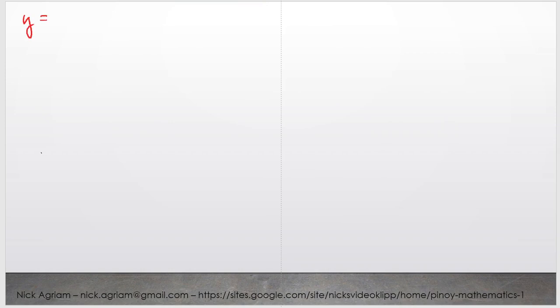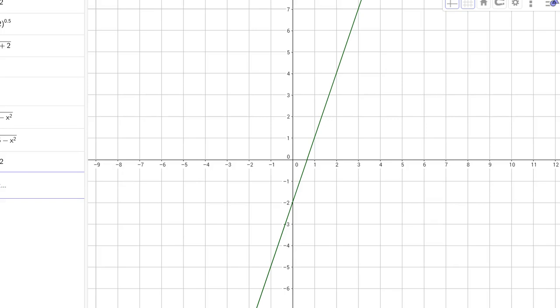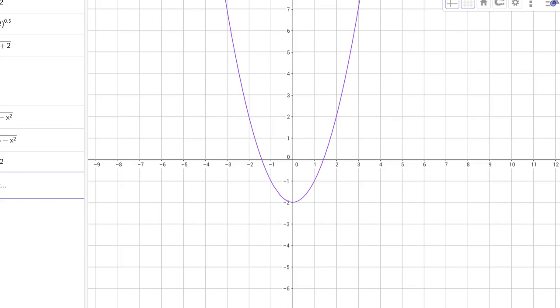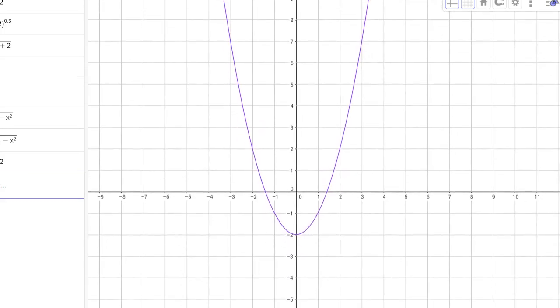Y is equal to x squared minus 2. If we're going to look for the graph of that, it will look like this. As you can see, I can have all x.